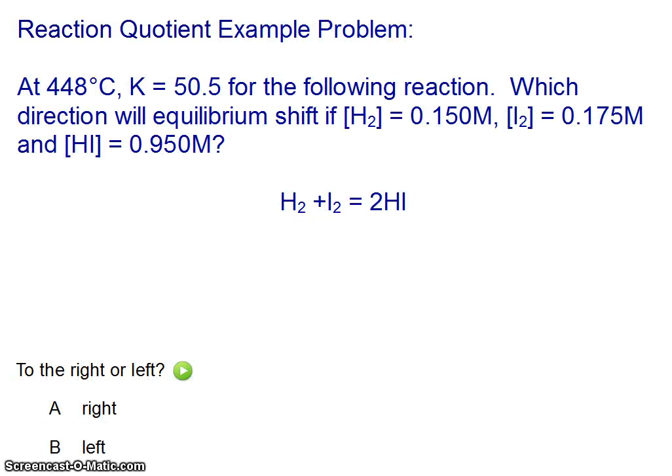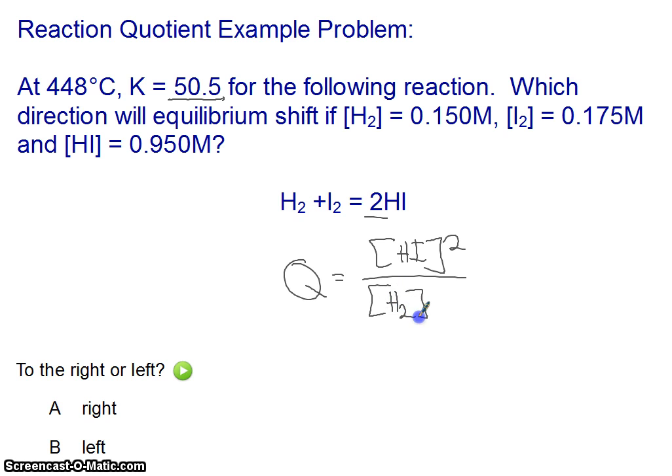So here's an example where we know that for this reaction, K equals 50.5, and we want to know what direction we'll go if we have these conditions. So I set up Q. Q equals HI squared, because of the 2 here, over H2 times I2.